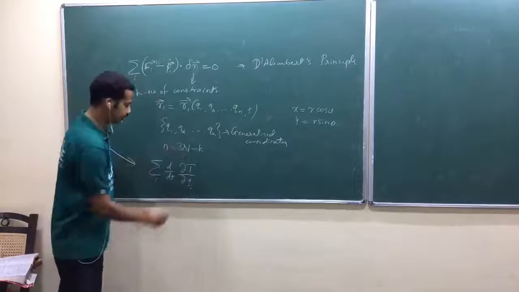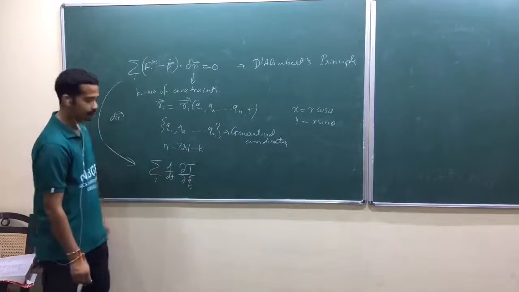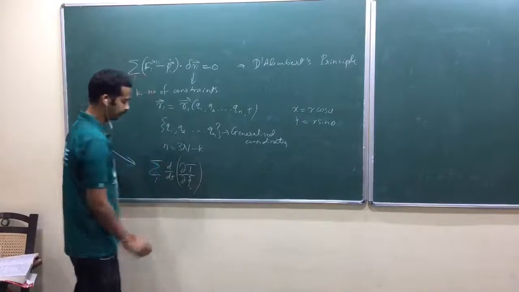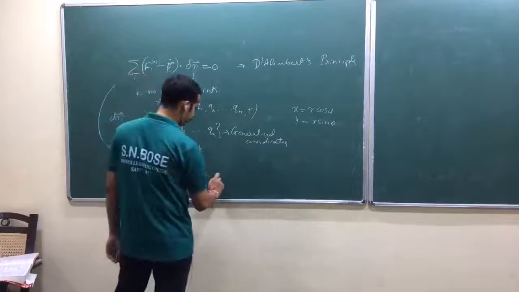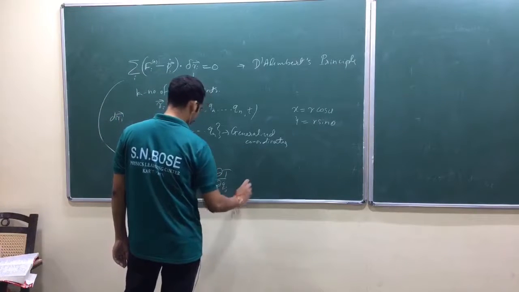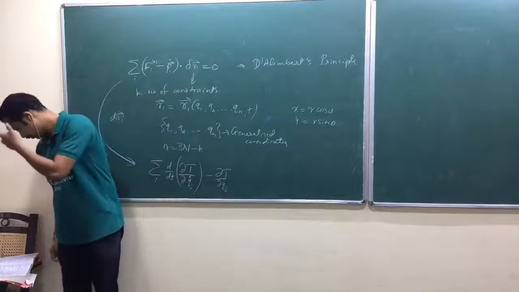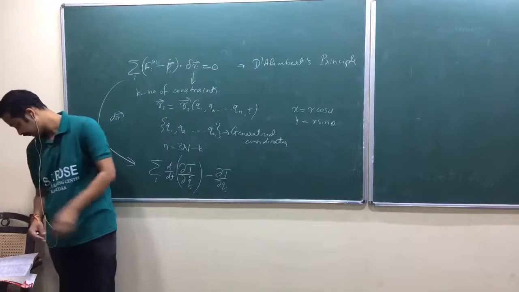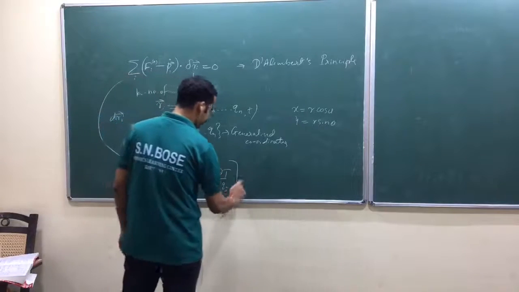Qj is the generalized coordinate. Wait a second, qj dot, not qj. Dou T by dou qj dot minus dou T by dou qj. So let me put it in bracket.